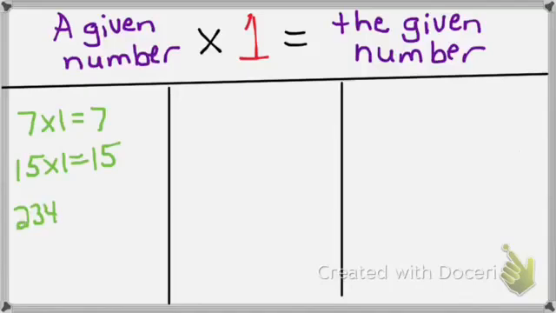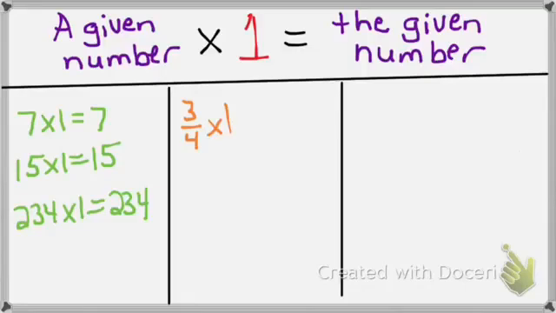How about if my given number was a large number, like 234? My given number, 234, times 1 should equal my given number, so it should equal 234. And that's true. 234 times 1 does equal 234. This rule is also true if my given number is a fraction. Let's take a look. Let's say my given number is the fraction 3/4.